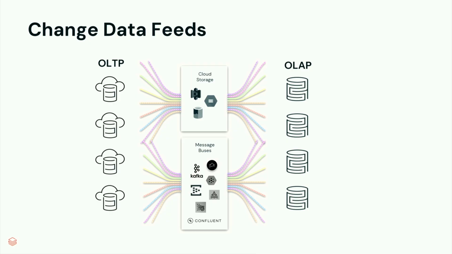So the focus of this talk is, once you've got all of these change feeds extracted, how do you apply these changes efficiently and correctly into the analytical store for downstream systems to use?